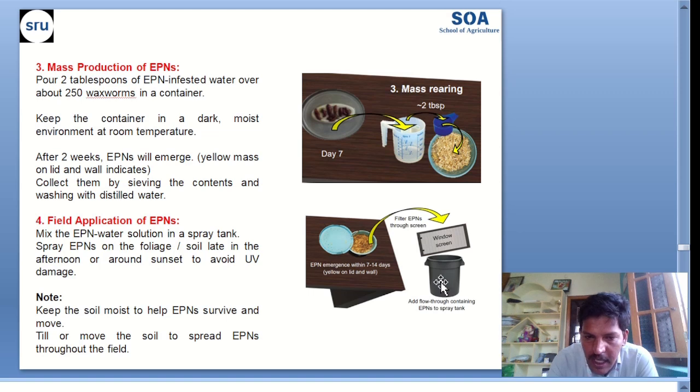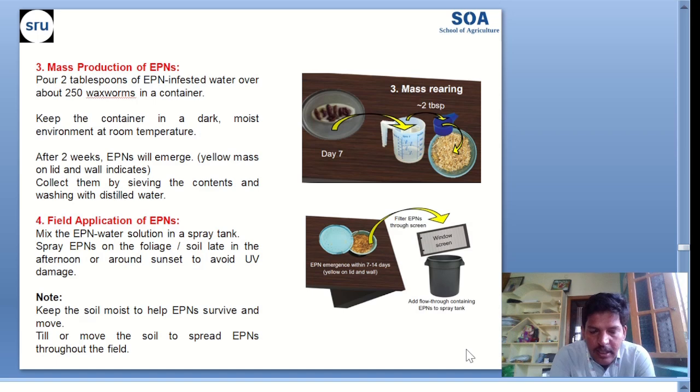Mix this entomopathogenic nematode solution in the spray tank and spray on foliage or the soil late in the afternoon or around sunset to avoid UV damage to the nematode.